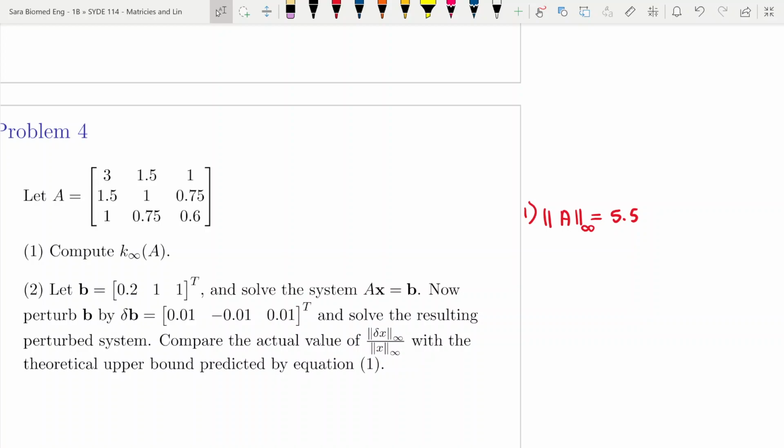C11: if I cross out the first row and column, what's left is 1 times 0.6 minus this times this. So C11 is 0.0375. C12, don't forget about the sign, is 0.15. C13. C21.